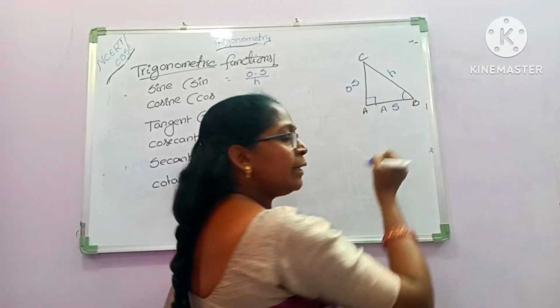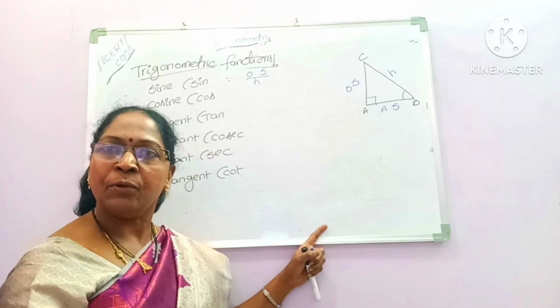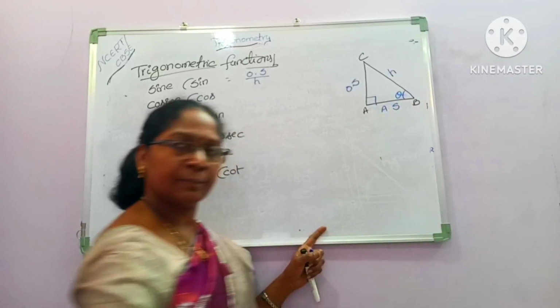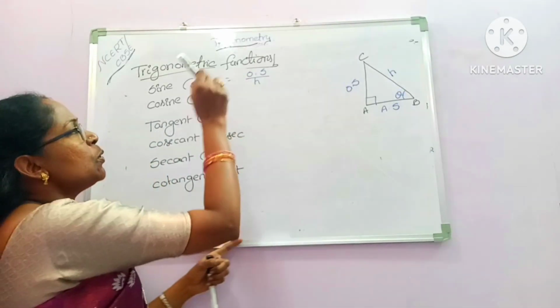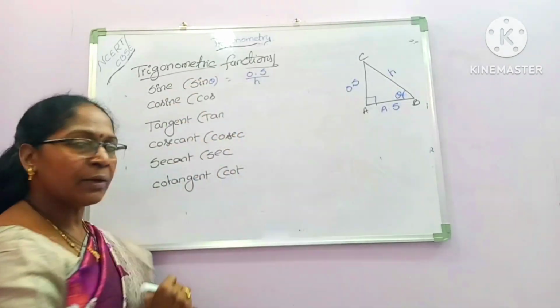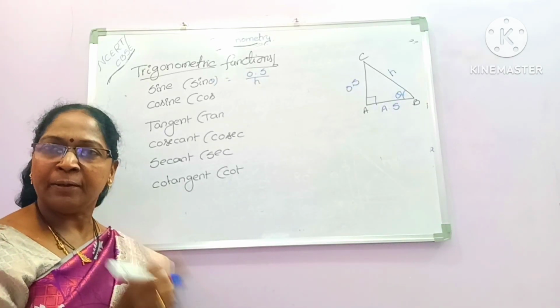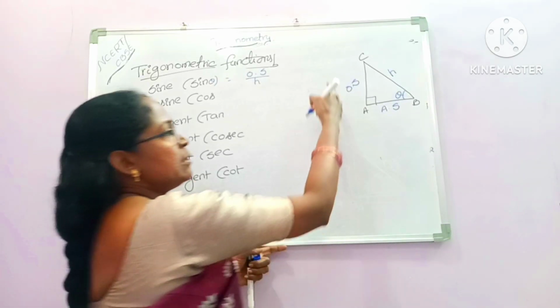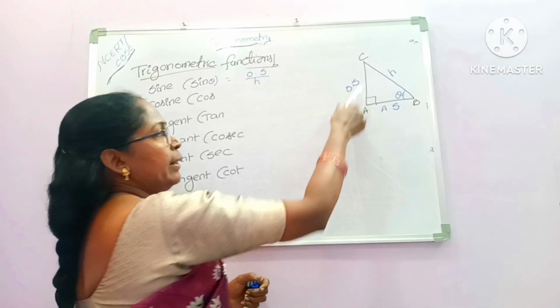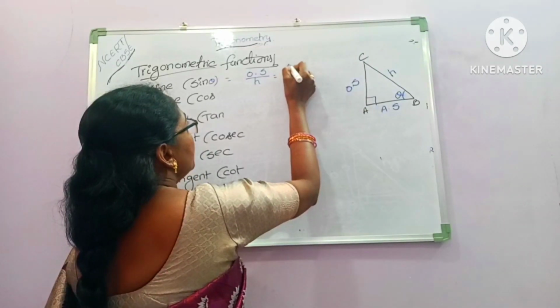We don't know what that angle is, it is an unknown value, so you represent it as theta. So sin theta equals opposite side by hypotenuse. What is the opposite side in this right angled triangle? AC is the opposite side.